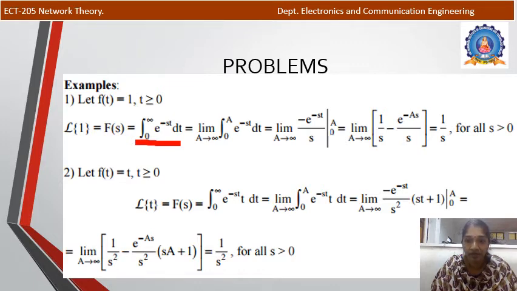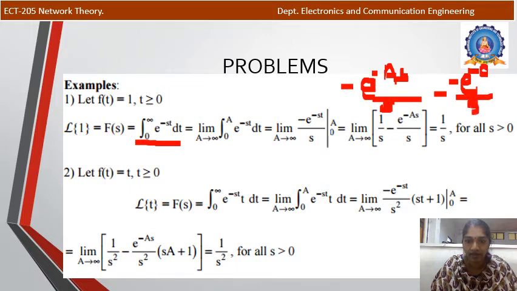So here the upper limit is capital A, so it will be e raised to minus as by minus s, minus e raised to minus 0 divided by minus s, right?